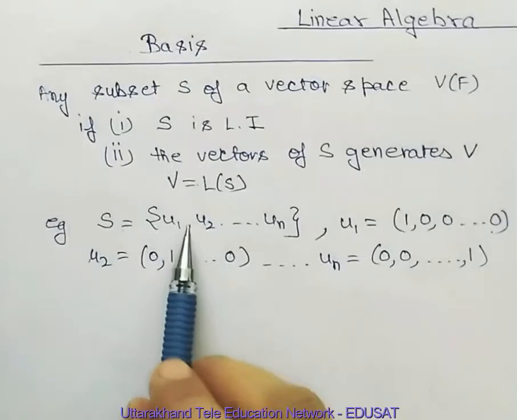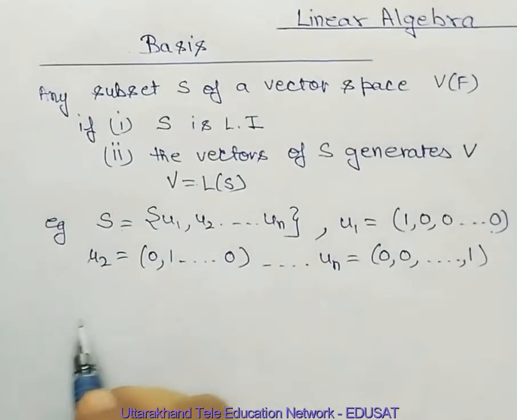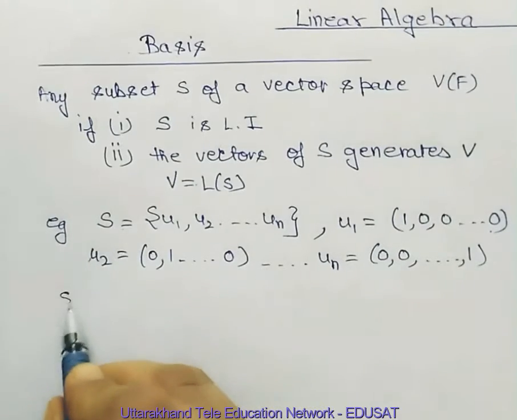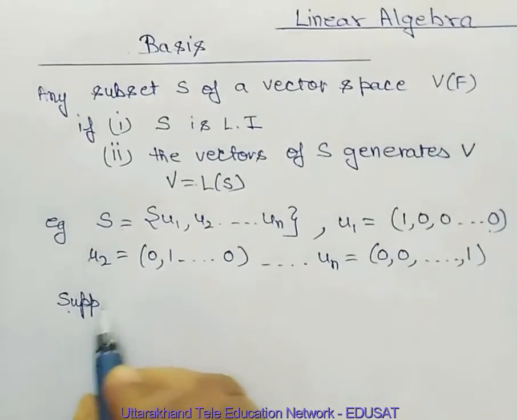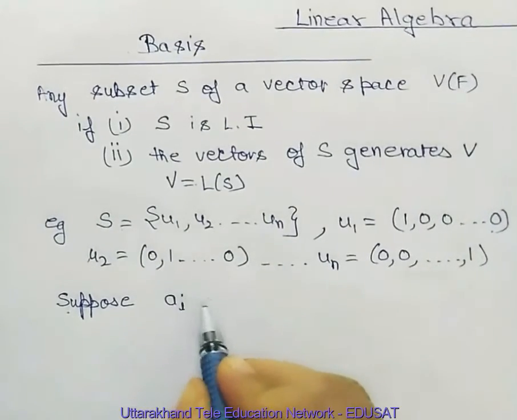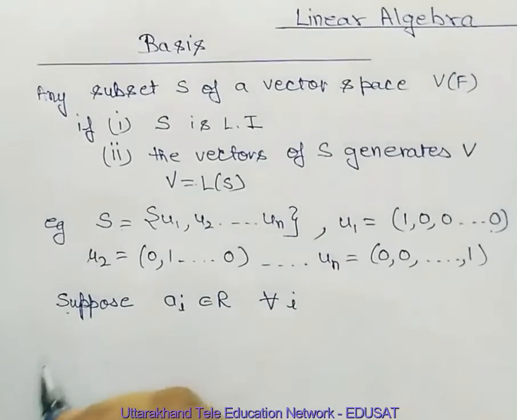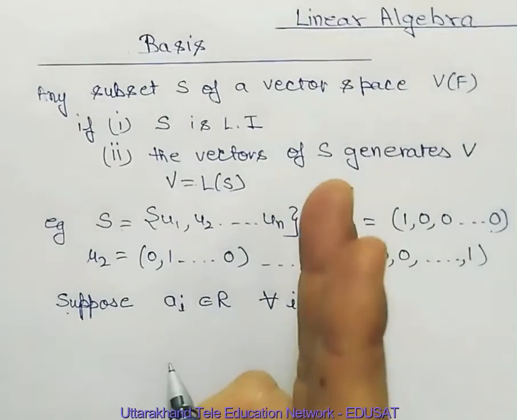Now we have to show that S is a basis. For this, let us suppose we have ai belongs to R for all i. Now what do we have to show? We have to show two things.